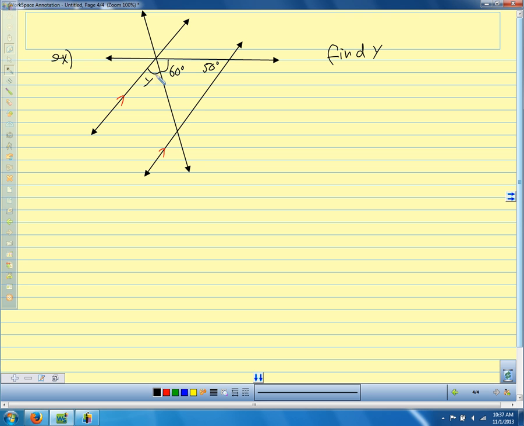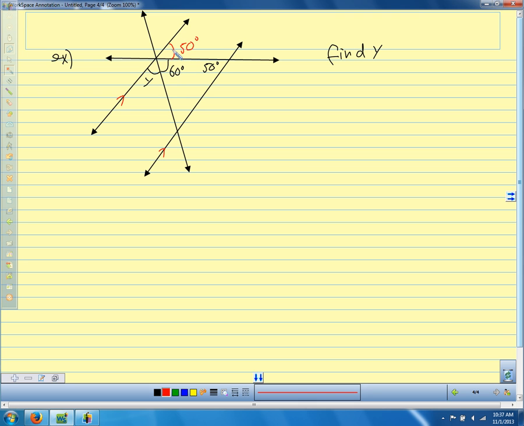Okay, so we can do that. So Faye is saying this angle is 50 degrees. Why is that angle 50 degrees? Interior, and they're alternate. So these are the parallel lines. This is my transversal. So these two are alternate interior angles. So we can say that this angle here has to be 50 degrees.